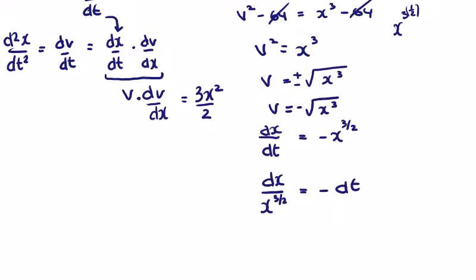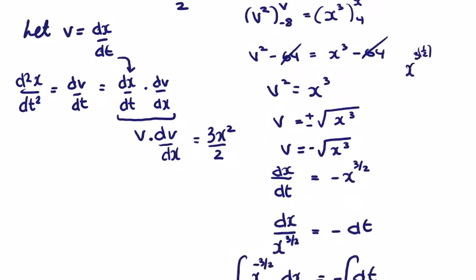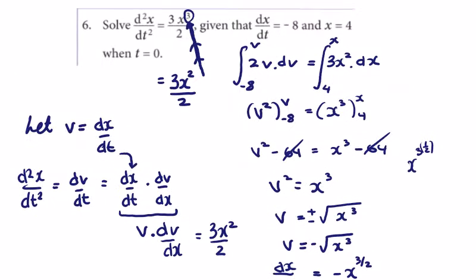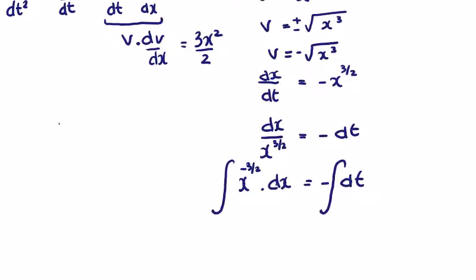Just tidying this up a bit more, I'll bring the x up, so we have x to the power of minus 3 over 2 dx is equal to minus dt. So you can put your integral before or after the minus. What are we told about x and t? x is 4, t is 0.